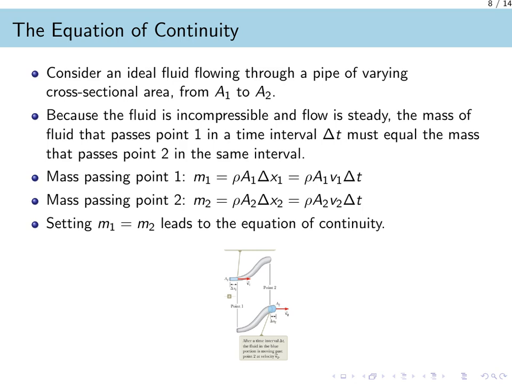By the same logic, the mass m2 that passes through the second area, A2, is rho times A2 times v2 times delta t. Because the fluid cannot be compressed and no fluid is leaking out, the mass flowing past point 1 must equal the mass flowing past point 2. Therefore, m1 must equal m2. This equality of mass flow is the foundation of the equation of continuity.